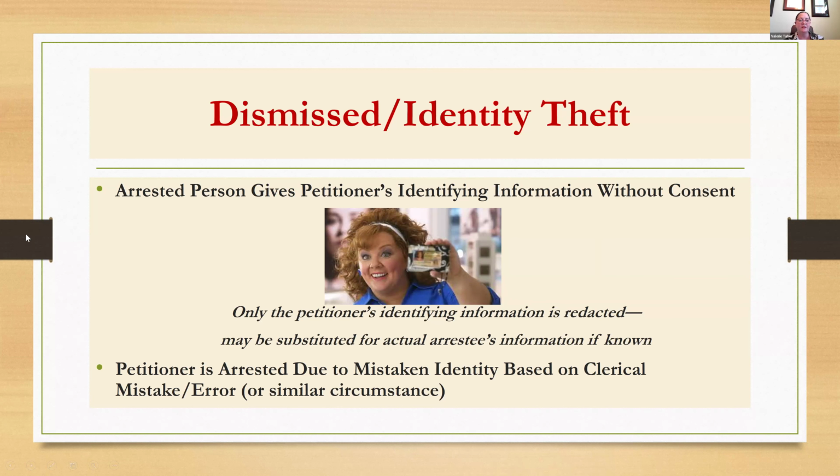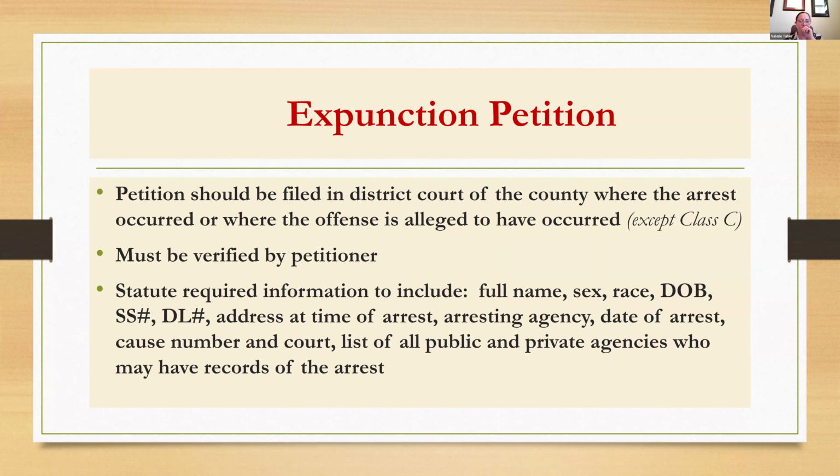Okay, moving on. We have the expunction petition itself, which will be filed in the county where the offense occurred. So if they got arrested in Dallas County, you file in Dallas County. It will give you an X number. Right now, it'll be X-24-, let's say 1009.